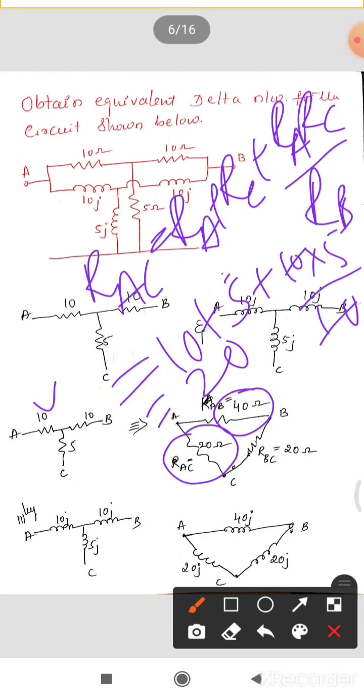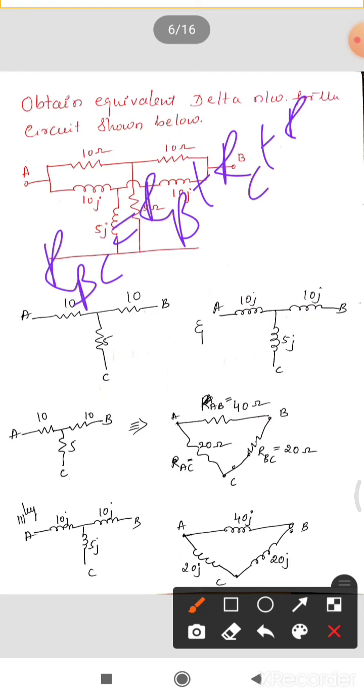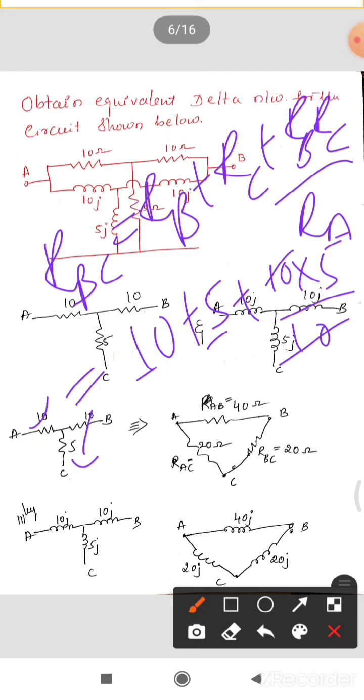Similarly we can calculate RBC, which is RB plus RC plus RB into RC divided by RA. RB is 10 plus RC is 5 plus 10 into 5 divided by RA, which is 10. The 10 cancels, 5 plus 5 plus 10 is 20. So RBC is also 20.